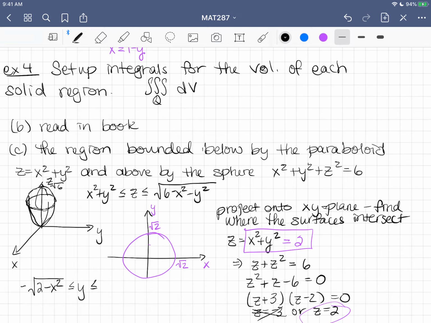And the top of the circle has equation positive square root of 2 minus x squared. And finally, what about my bounds on x? Well, x runs from negative square root of 2 to positive square root of 2. Okay, and once I know those bounds, I can plug it into the integral.